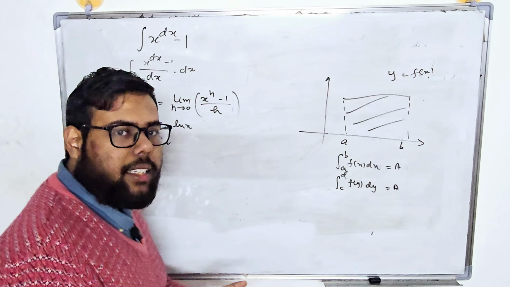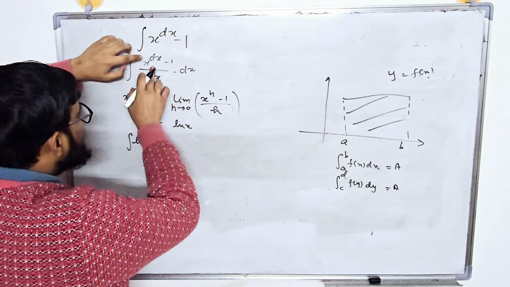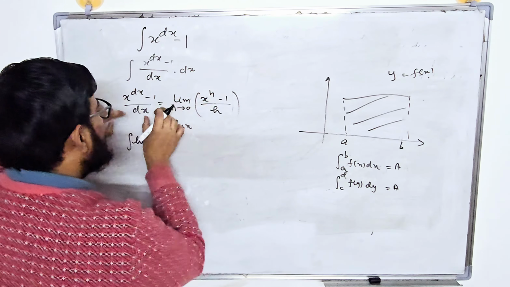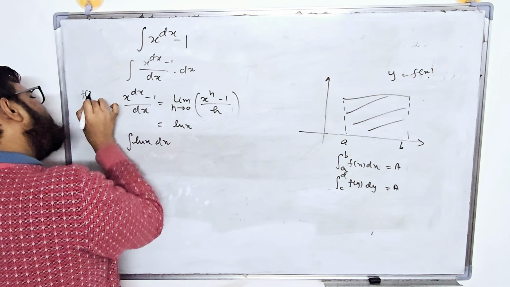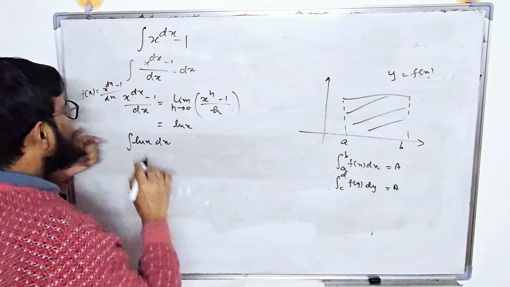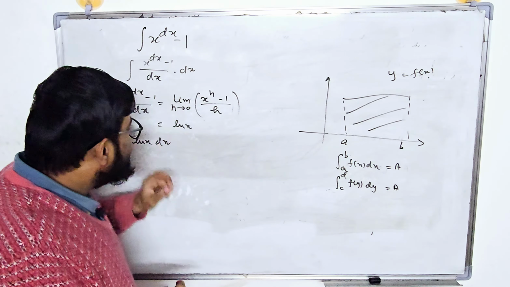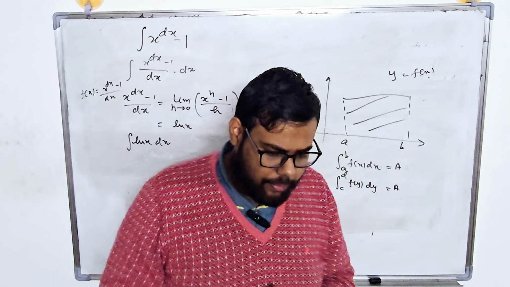The second claim I make is about when we say (x to the power dx minus 1) divided by dx, multiplied by dx, and then we set that function, (x to the power dx minus 1) divided by dx, equal to the limit as h tends towards 0 of (x to the power h minus 1) divided by h.